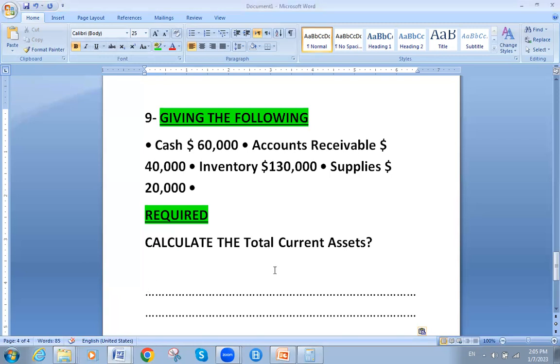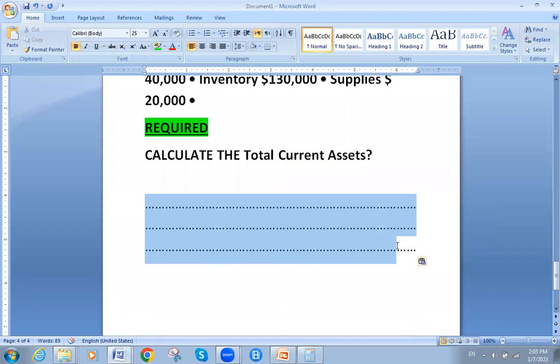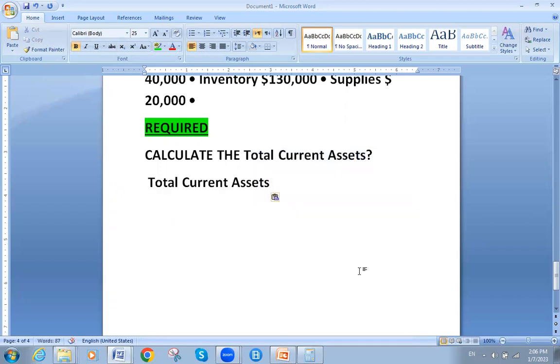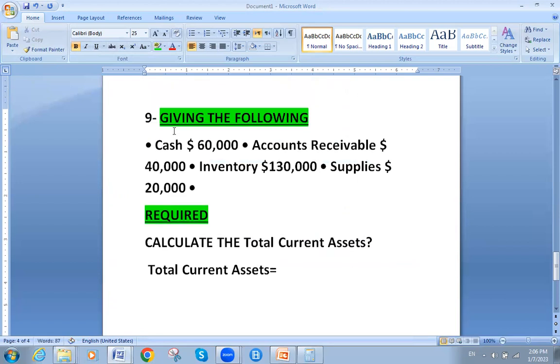So let's go for the solution of this now. Total current assets will equal, Control and C, and here I'll put the answer here. Control and V. Total current assets will equal the cash is 60,000. Cash is 60,000.